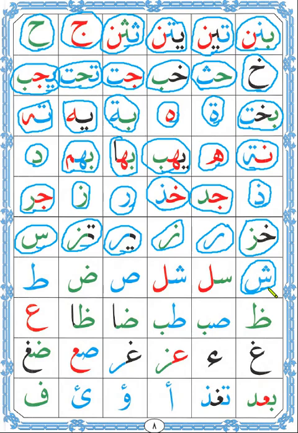Sheen, like in shape or shoot or sheikh. The letter Sheen. Sin lam. Sheen lam.